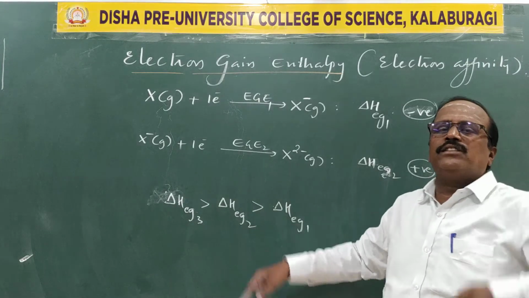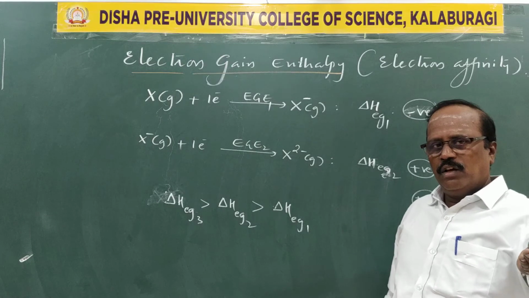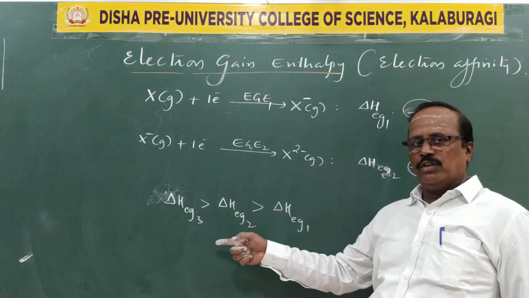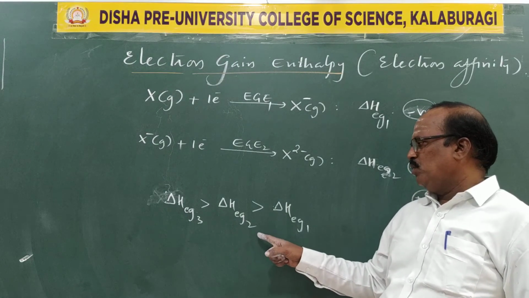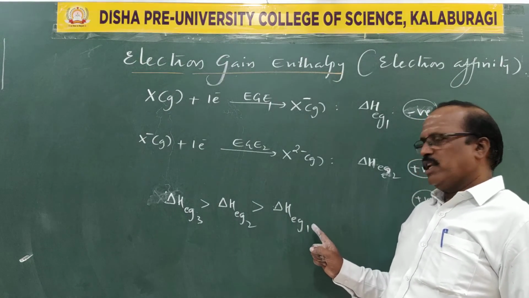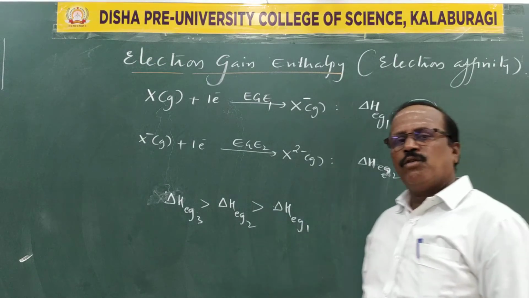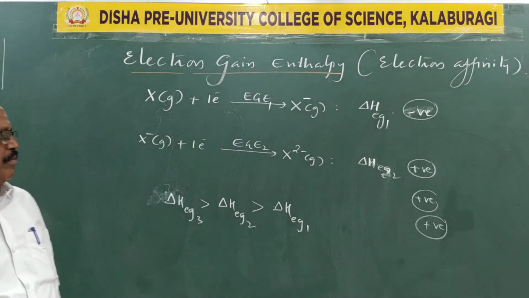But for the second, third, fourth, consequently as we go ahead, we have to supply energy from the outside, then it becomes endothermic. So electron gain enthalpy 3 is more than electron gain enthalpy 2, which is more than the first electron gain enthalpy. E3 is more than E2; this is applicable here too.